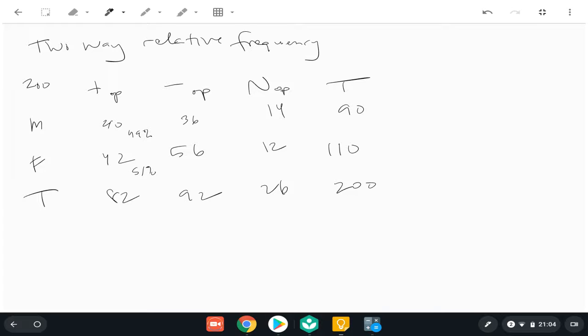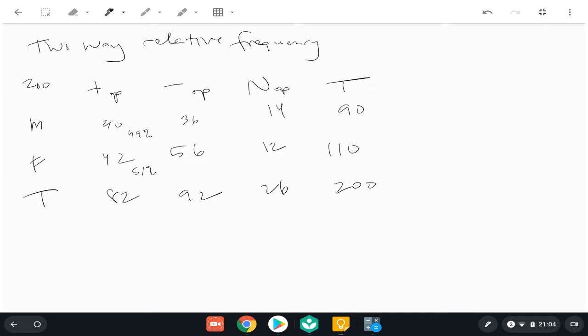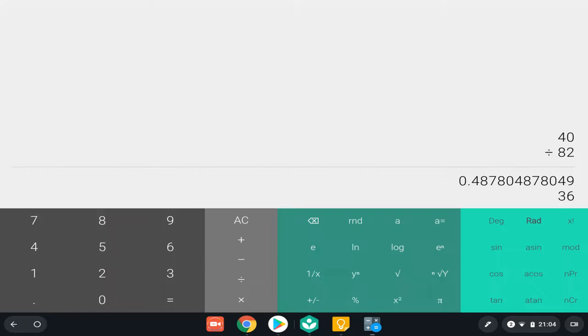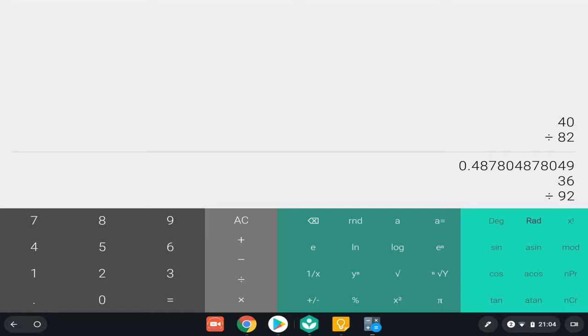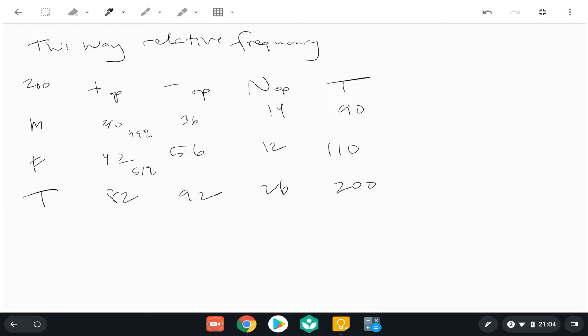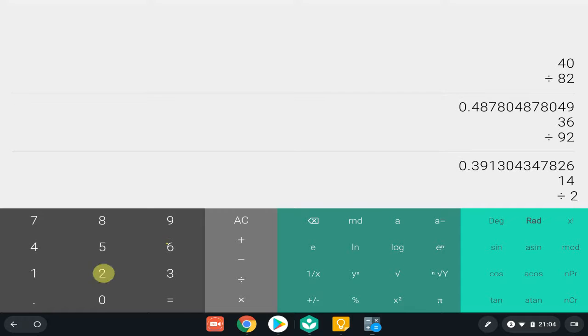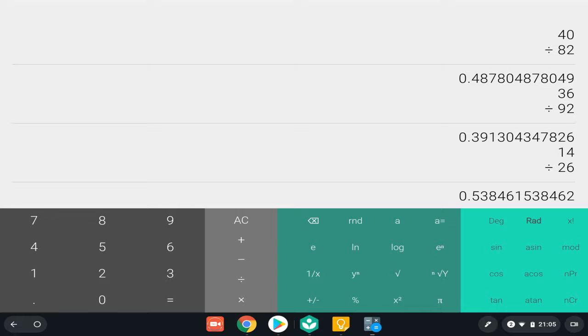I'm going to do that for the rest of the table. This is pretty simple. 36 divided by 92 was 39%. And 61. 14 divided by 26 is 54%.